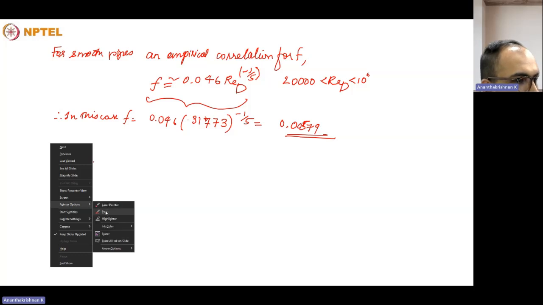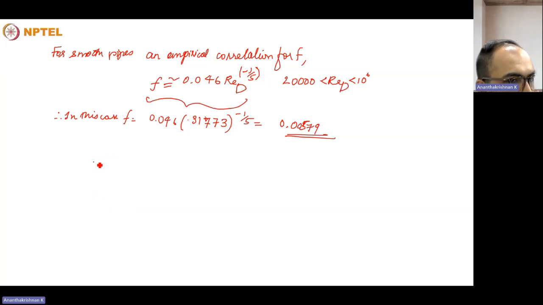So I'll try to explain how we'll get it. We know that the skin friction coefficient could be written as the shear stress divided by half rho u infinity squared.